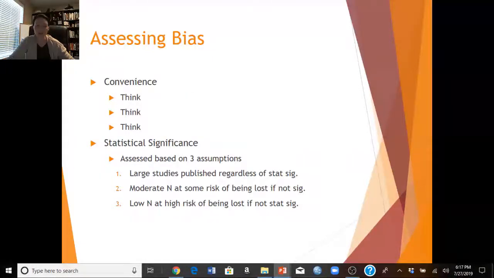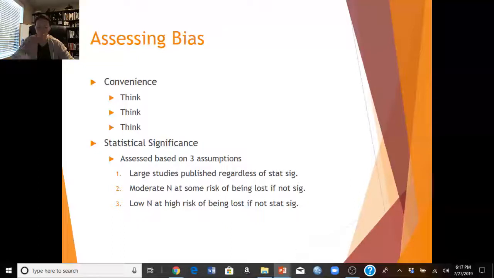So how do we assess for bias? The ones that are related to convenience, there's really actually no way that we can truly assess for these in a statistical fashion. The only thing that we can do here is mental gymnastics. So think. Do you have bias related to language?